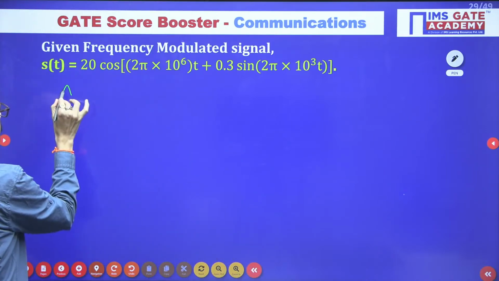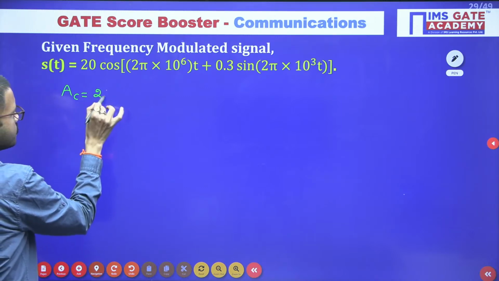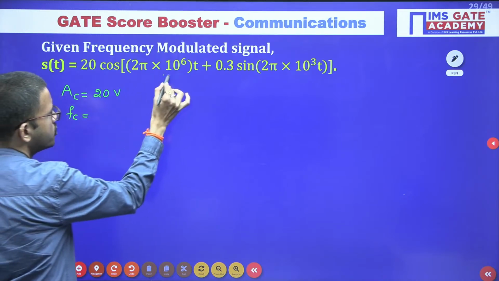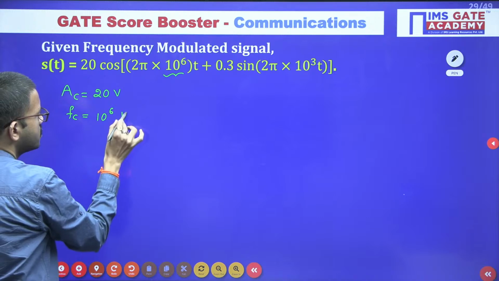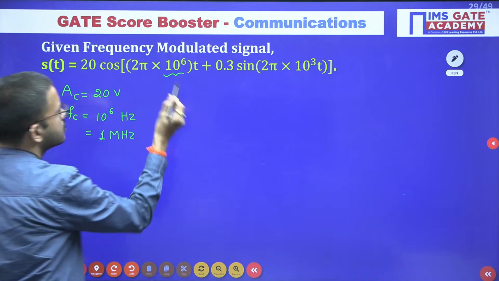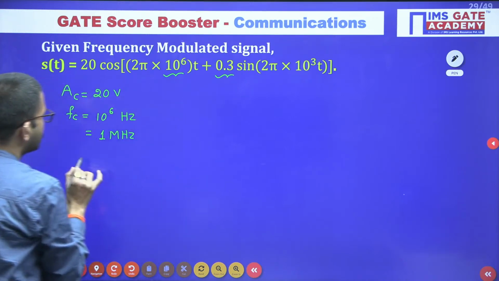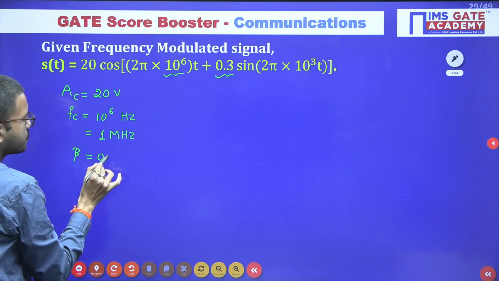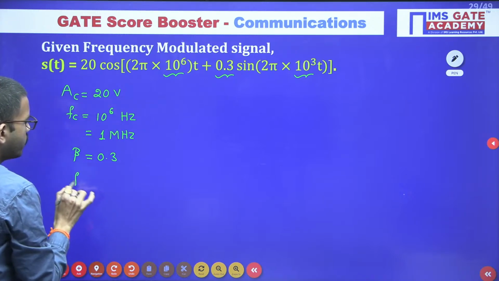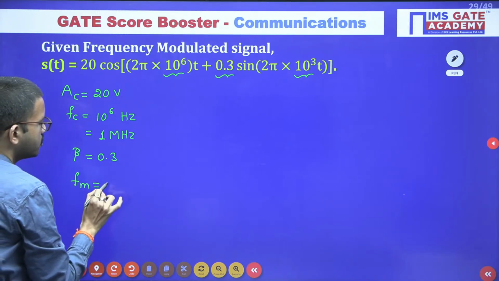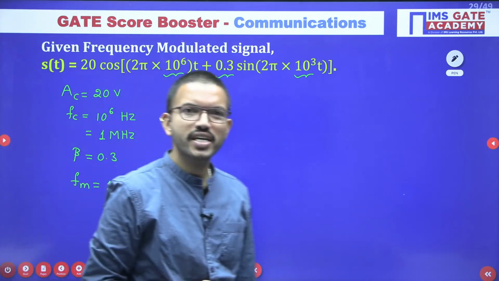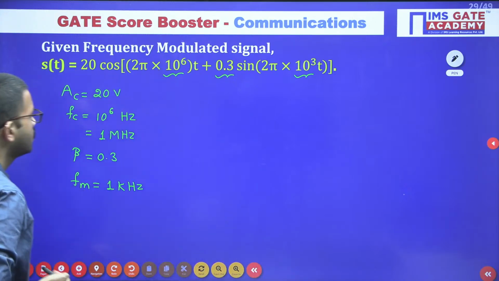Here AC value is 20 volts, AC cos 2 pi FCT, FC equal to 10 power 6 Hz, which is nothing but 1 megahertz, and AC cos 2 pi FCT plus beta value is 0.3, sin 2 pi FM into T. So here FM equal to 10 power 3 Hz, which is nothing but 1 kilohertz, right?